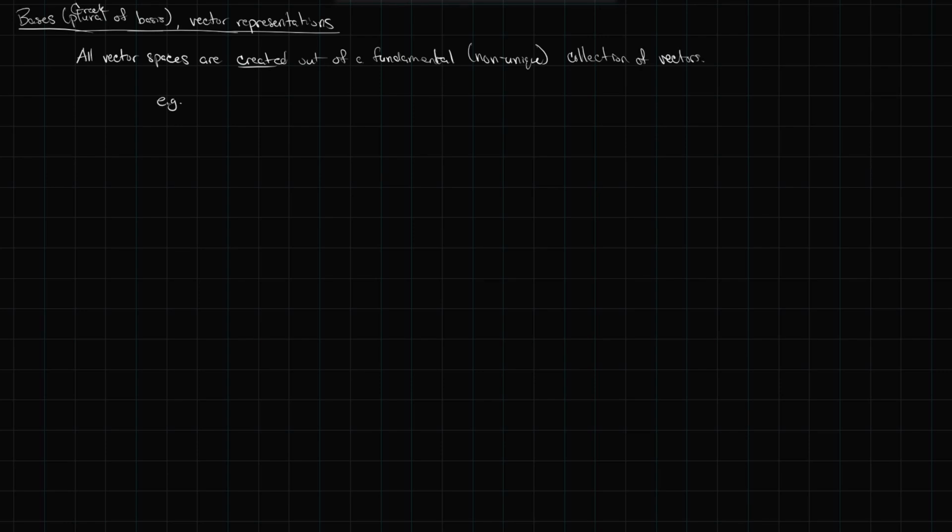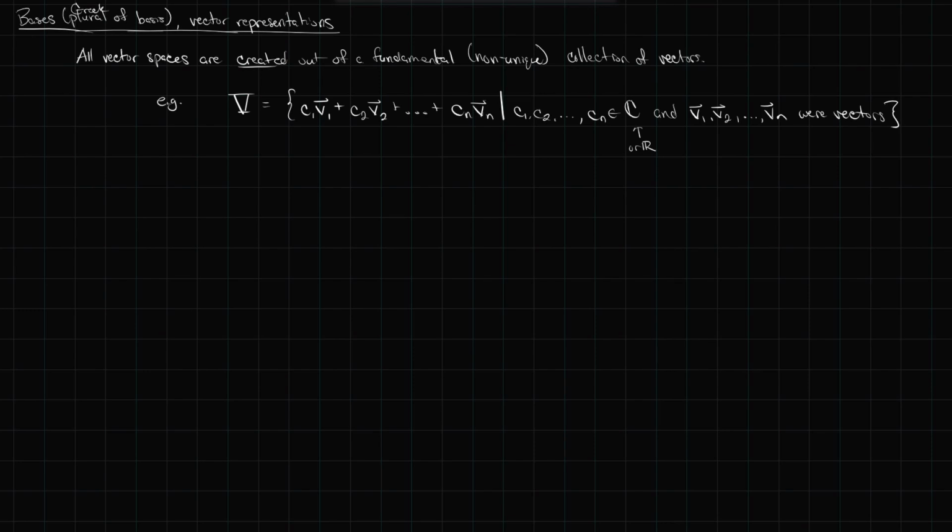The classic example we were seeing was when I would write a vector space like c1 v1 plus c2 v2 plus dot dot dot plus cn vn, such that each of the c's were in C, or maybe R, and the v's were vectors. So there was always kind of this set of vectors that somehow birthed the vector space.